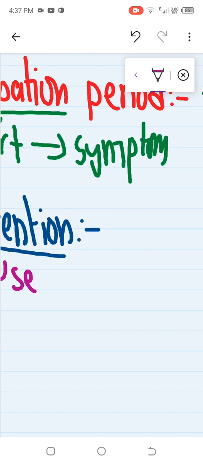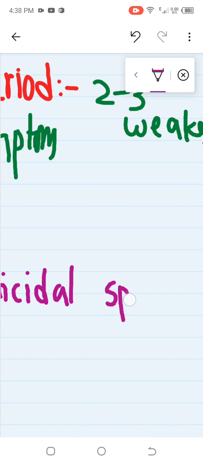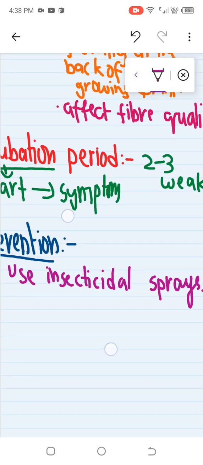When the whitefly is killed, the CLCuV disease would not be transmitted, because this disease is transmitted by whitefly. So use insecticide spray, which is one type of chemical used to kill different insects or whitefly.